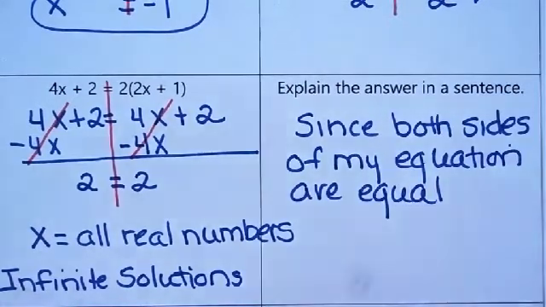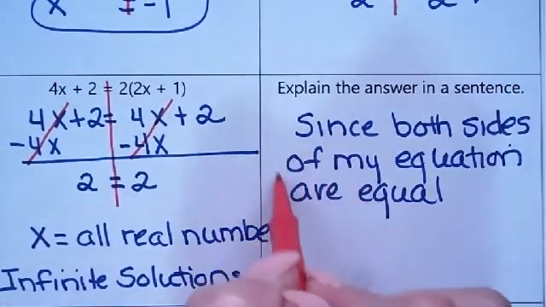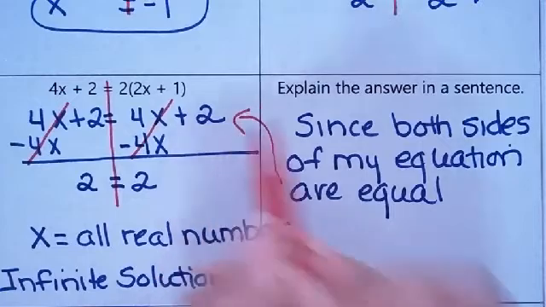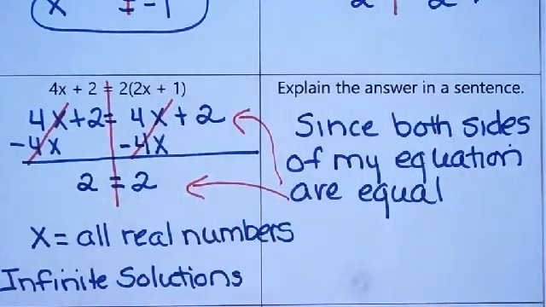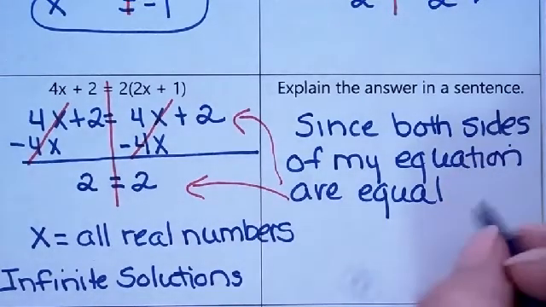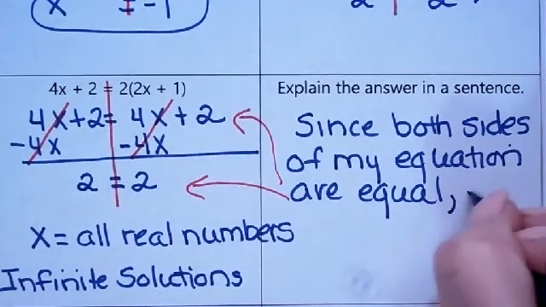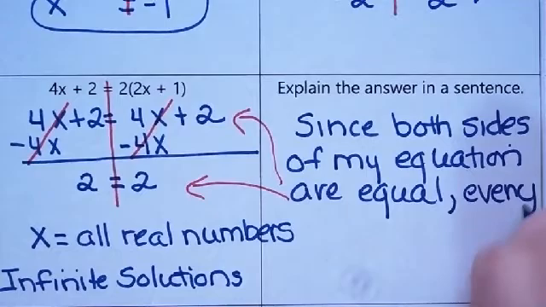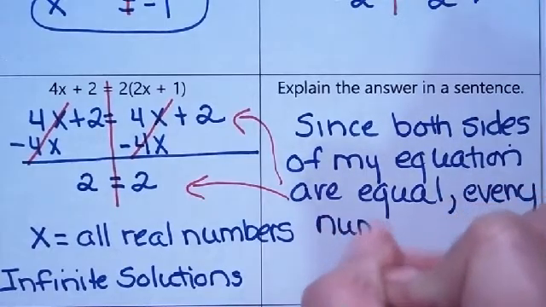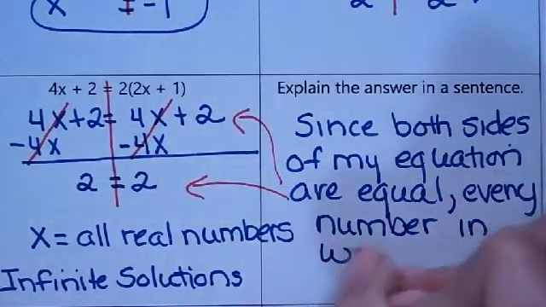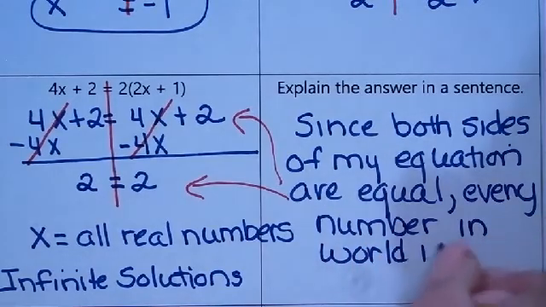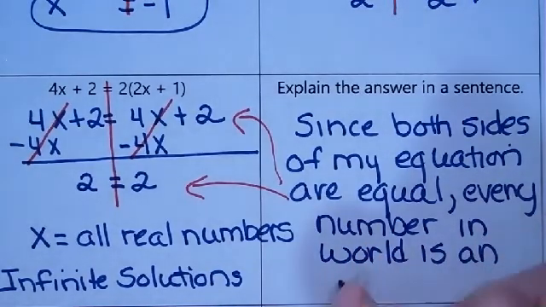And how do I know that? Well, that's from that little step right there where they looked identical. And also I can see it, show it right there because look, they look identical, okay? Every number in the world is an answer.